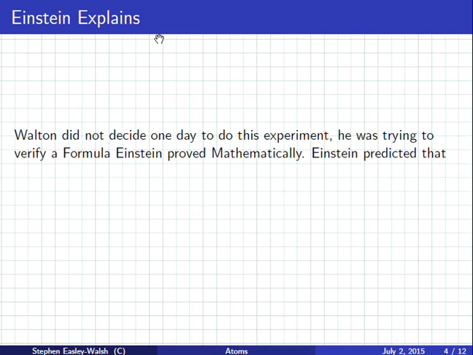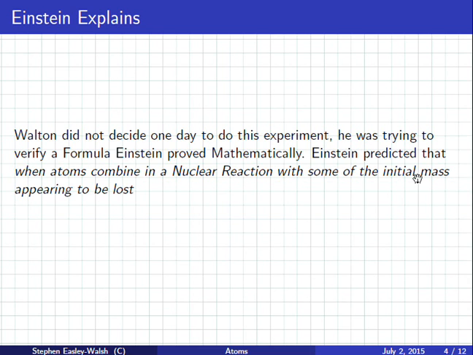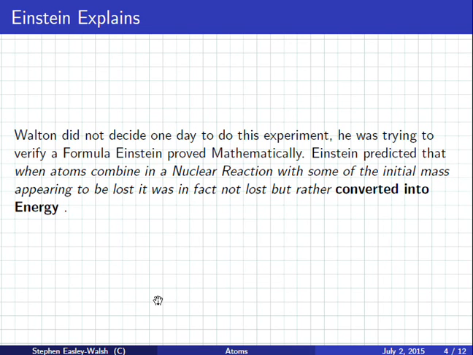Einstein predicted that when atoms combine in a nuclear reaction, with some of the initial mass appearing to be lost, it was in fact not lost, but rather converted into energy. So that missing mass, the mass that we thought was lost, it wasn't actually lost, it was converted into energy.